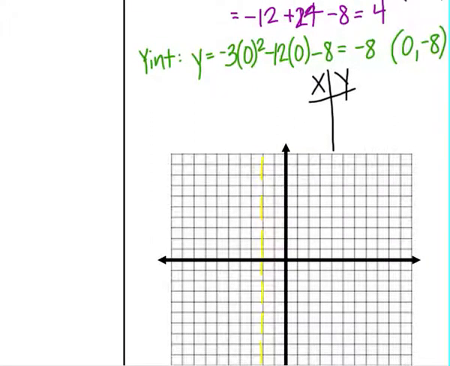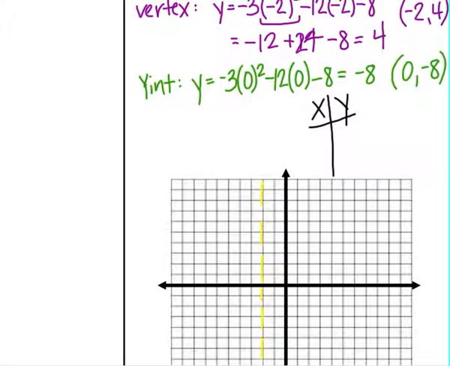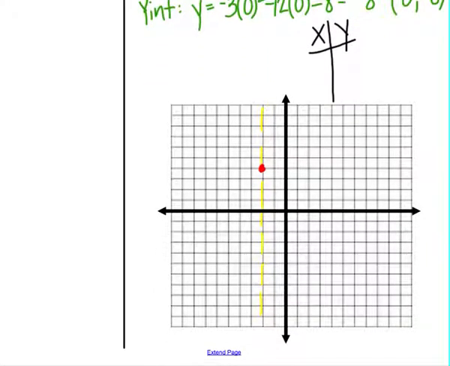And then I have points of negative 2, 4 for my vertex and 0, -8 for my y-intercept. I know that on the other side of the axis of symmetry, I will have another point that is symmetric and even. And then I'm going to fill in values.